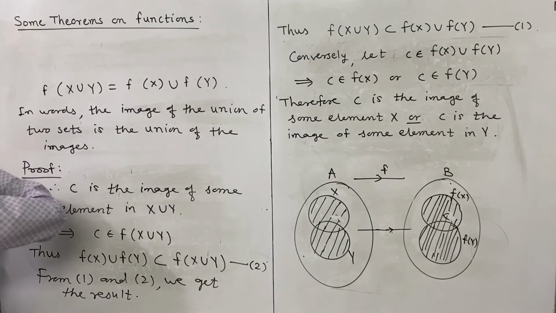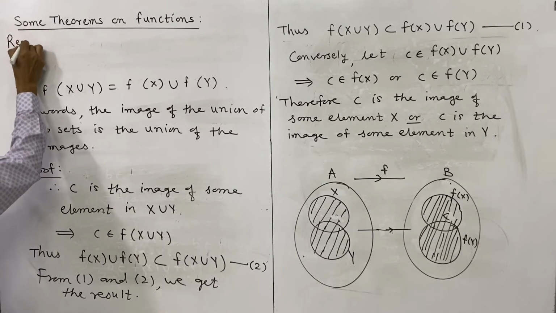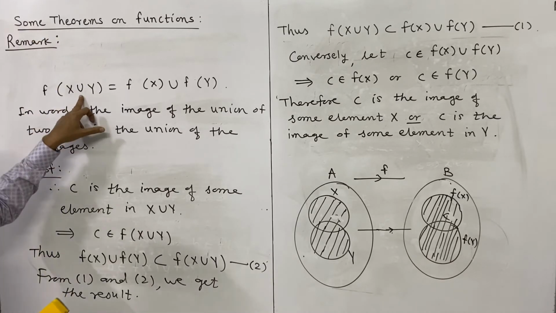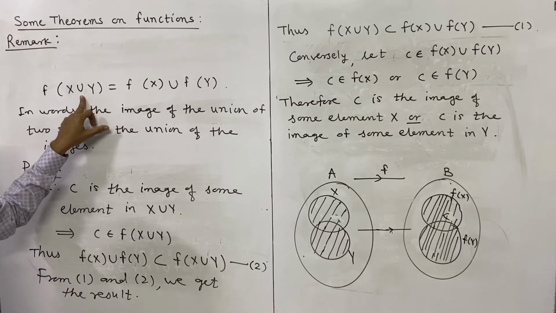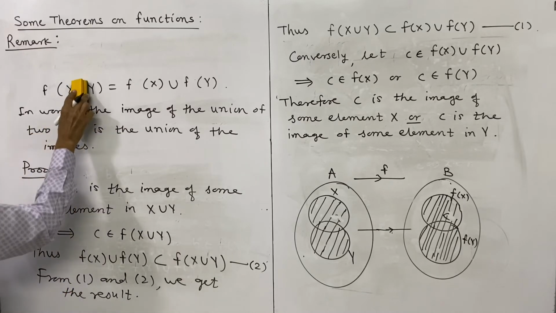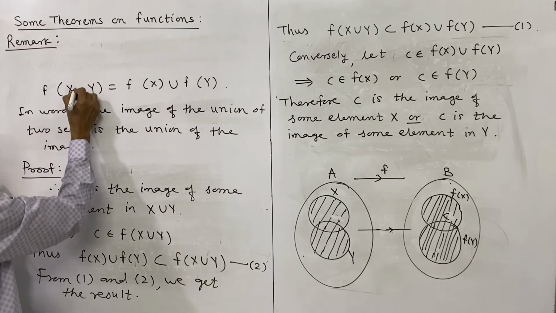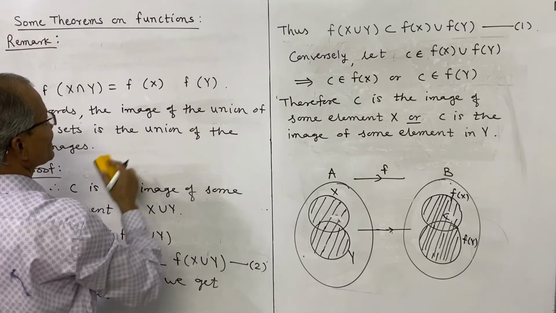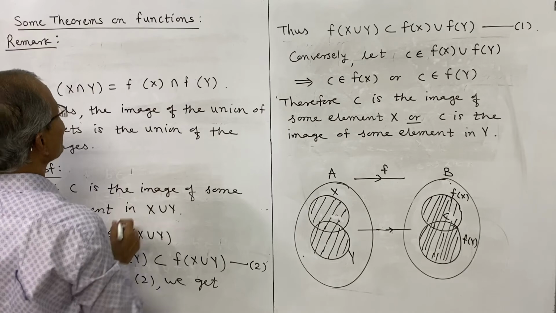Now we shall write a remark here. What about when this union is replaced by intersection, and that means whether we can write f of x intersection y is equal to f of x intersection f of y.